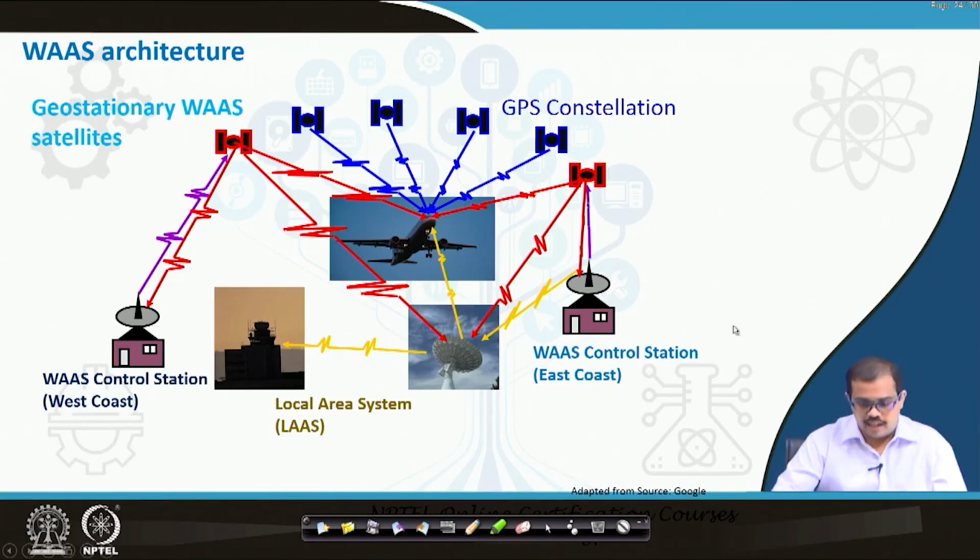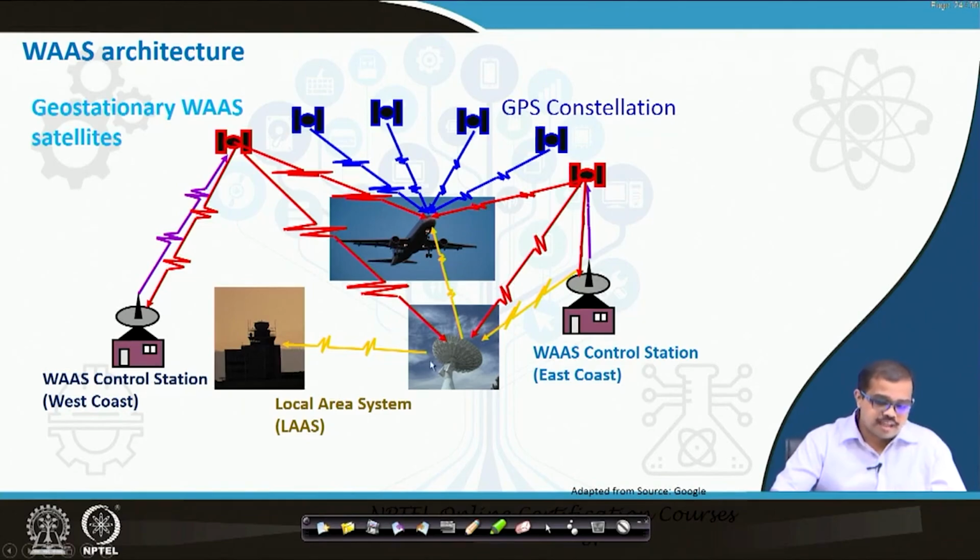These signals are corrected, and once corrected, they are sent back to the satellites. The geostationary satellite then transmits them back to the local area systems. Local area systems can be receiving stations on the earth's surface, naval systems like ships, or aircraft.